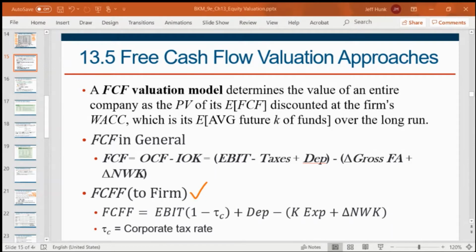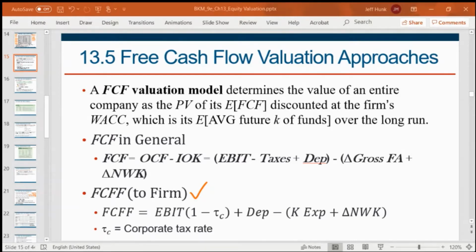Now, in today's lecture, we need to talk about the free cash flow model. This is the fourth model in stock valuation. As the name goes, this isn't the dividend discount model because it's not the dividend that we are discounting, but the free cash flow.